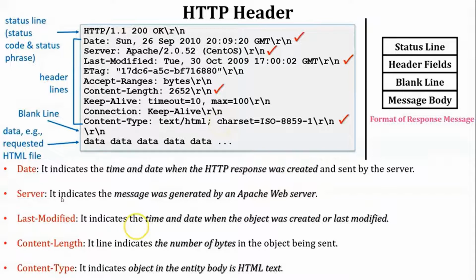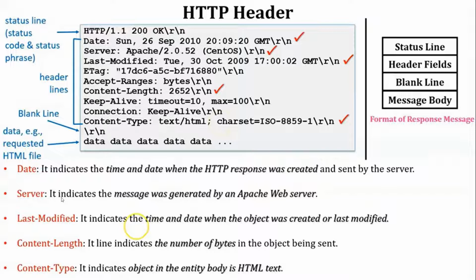Next, last modified. It indicates the time and date when the object was created and last modified. The next field is content length. It indicates the number of bytes in the object being sent, so it indicates the size of the object.